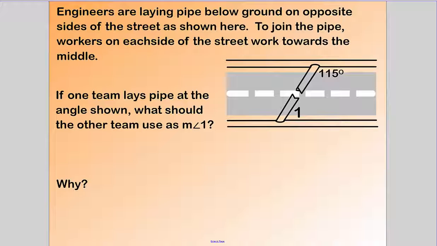Okay. In this problem, we're looking at some pipes, and we know that the pipes are parallel. So we need to know what this angle measure would be over here. I'm looking at consecutive interior angles.